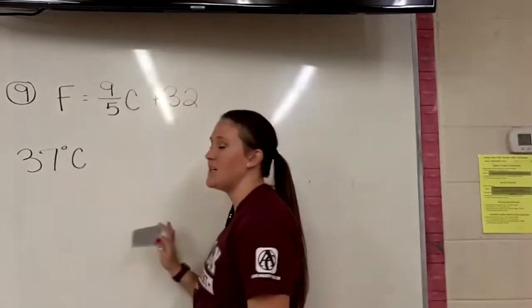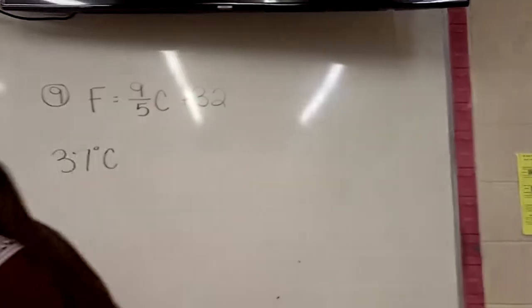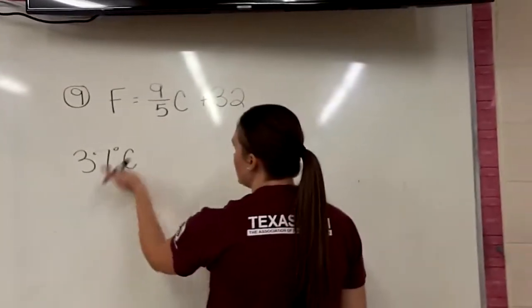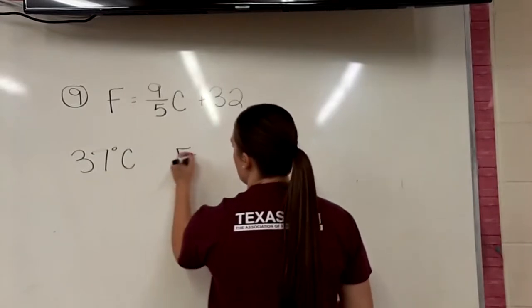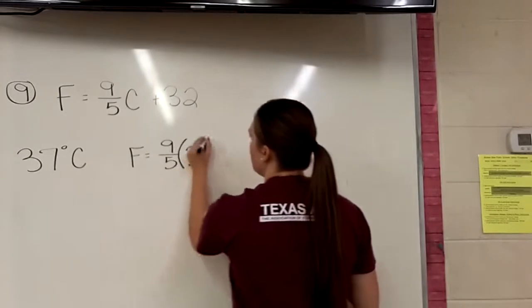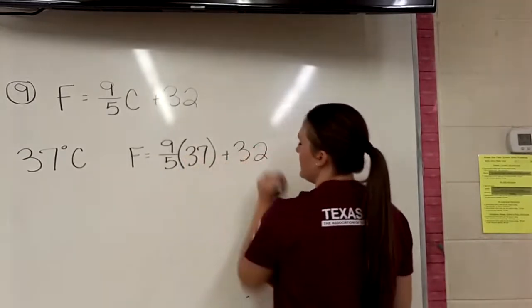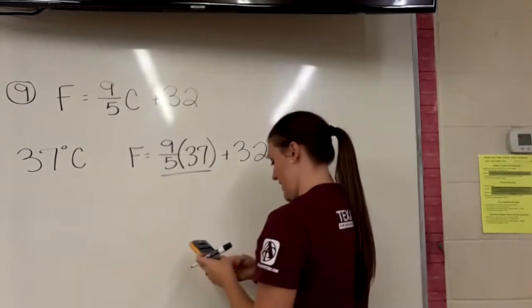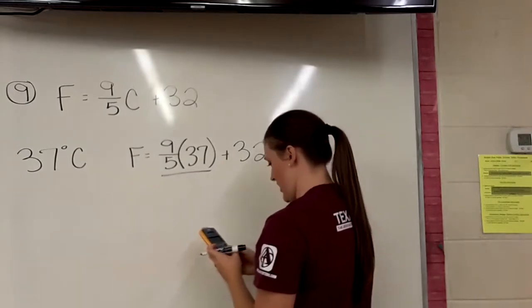That will tell us what it is in Fahrenheit. So, the first thing we do is we're going to plug 37 in for C. So I have 9/5 times 37 plus 32. We multiply before we add, so I'm going to plug it into my handy dandy calculator.